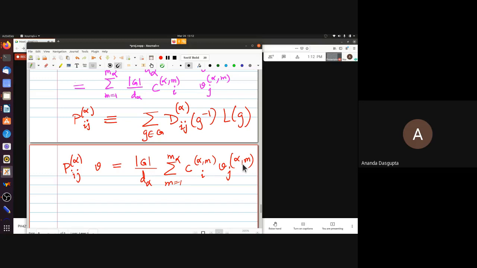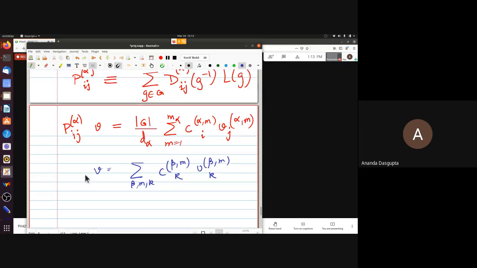Now, can anybody tell me why I am calling this a projection operator? Just remember that V originally is the vector V on which you are applying this P alpha ij.